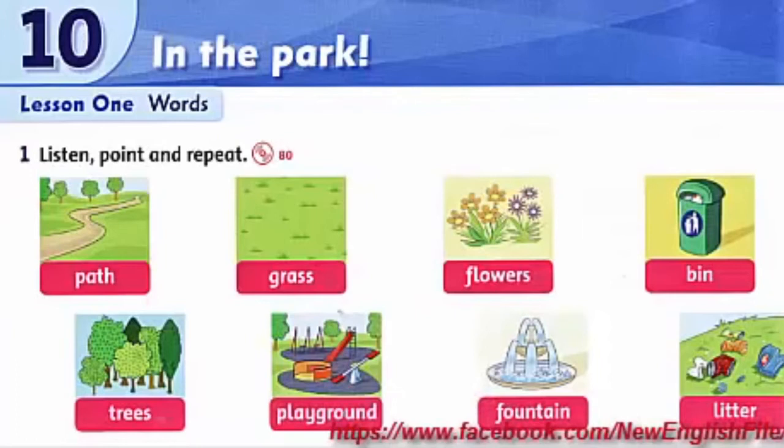Listening 80. Listen and point. Path. Grass. Flowers. Bin. Trees. Playground. Fountain. Litter. Playground.